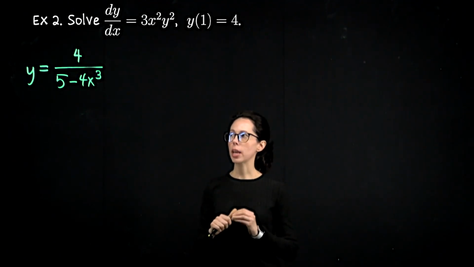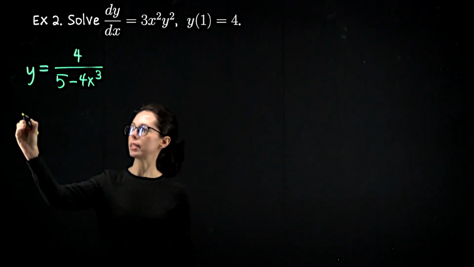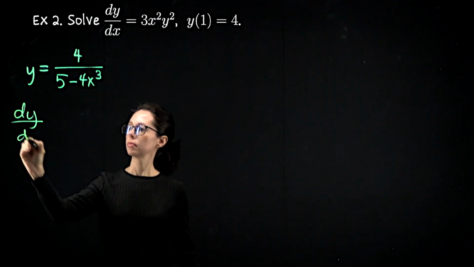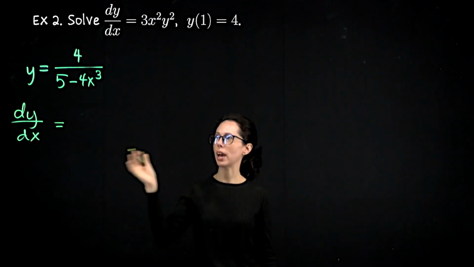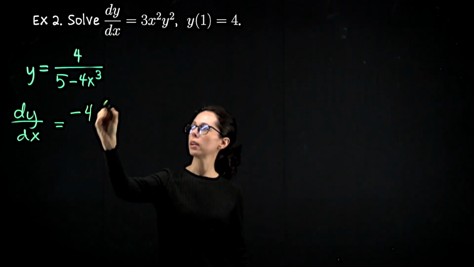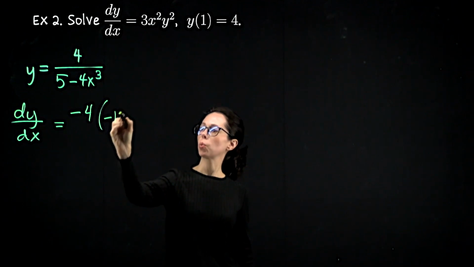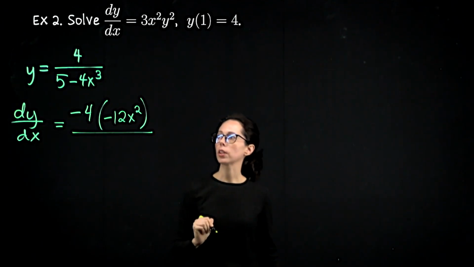So let's differentiate both sides with respect to x. That's going to give us the left-hand side that we want to see, dy/dx. And on the right-hand side, if I think of this like quotient rule, low d high is 0, minus high d low, which is -4 times -12x squared, all over low low.